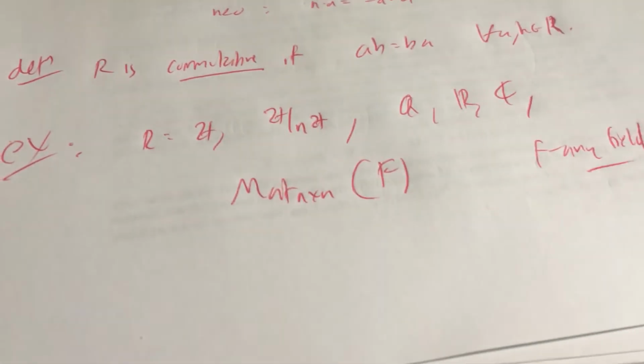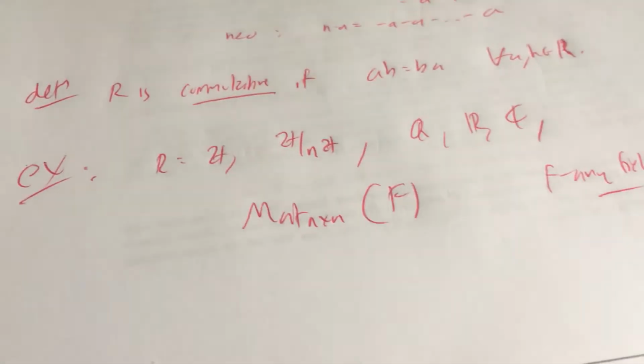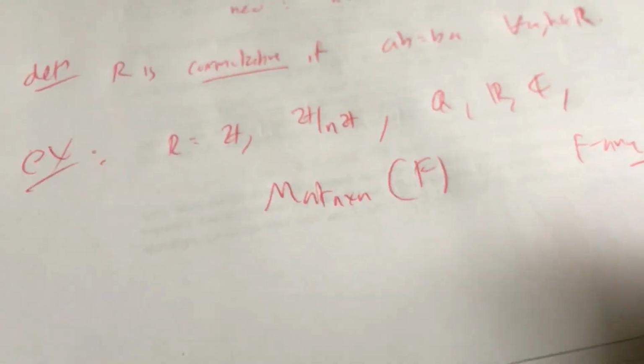Let me say what they are. What are the operations for N by N matrices? So in Mat N by N of F, we have A plus B is the sum of matrices, A times B is matrix multiplication.